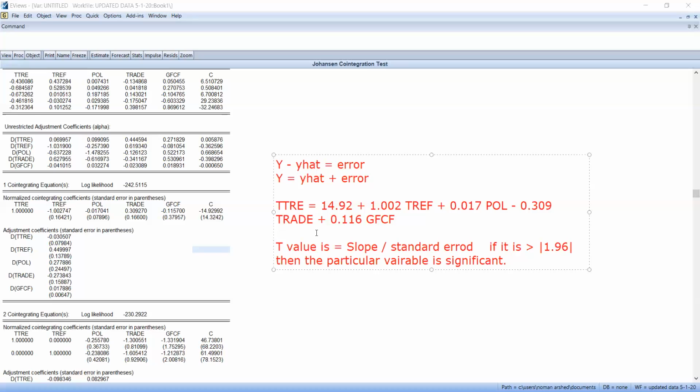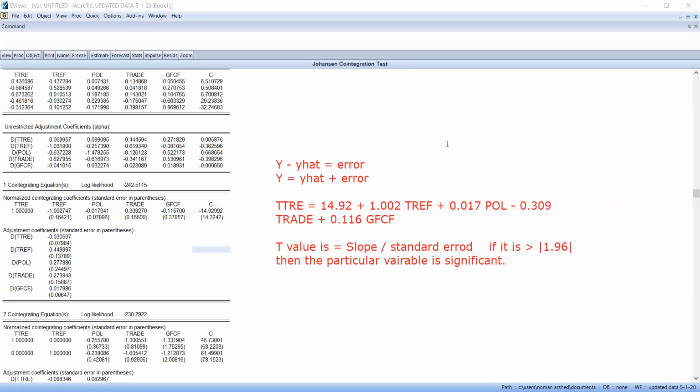So this way you can check. The interpretation tells us that tax reforms are increasing tax revenue, political stability is increasing tax revenue, trade in Pakistan is decreasing tax revenue, and investment is increasing tax revenue.